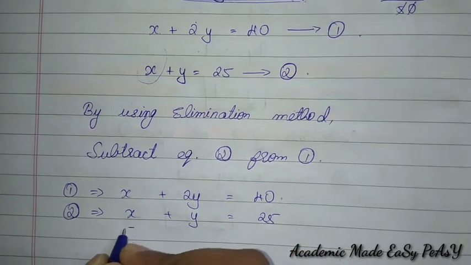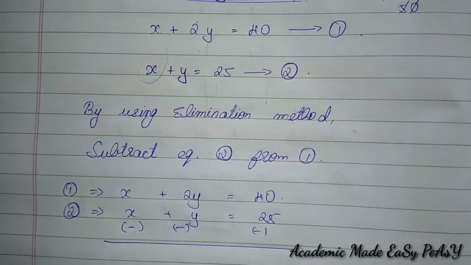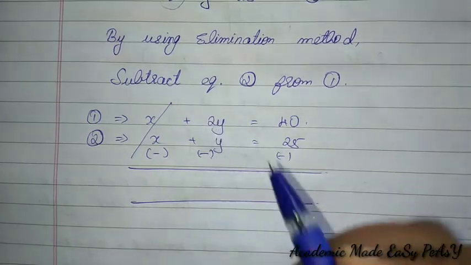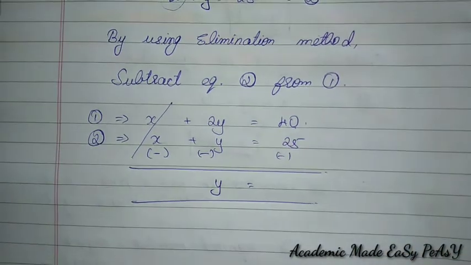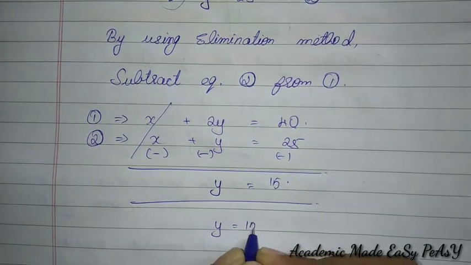So just subtract this, so plus will become minus. This part will get cancelled. So 2y minus y is y. y is equal to 40 minus 25, it is 15. So y is equal to 15.